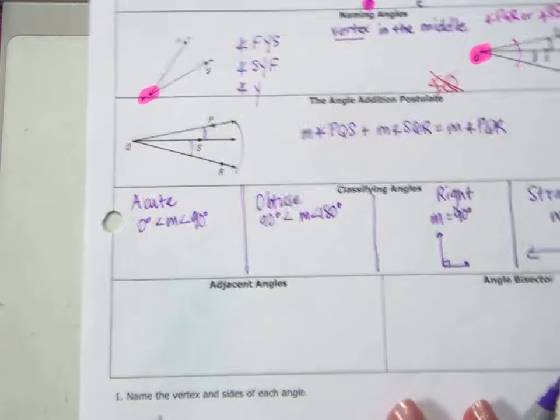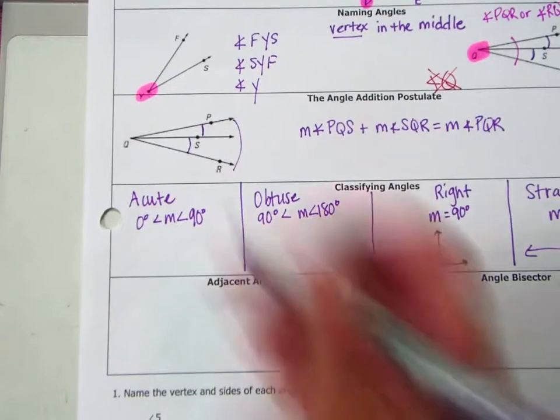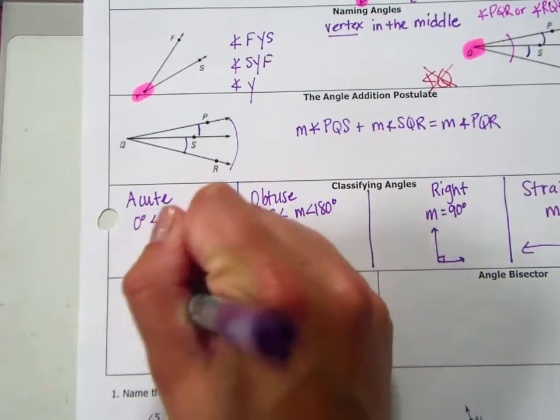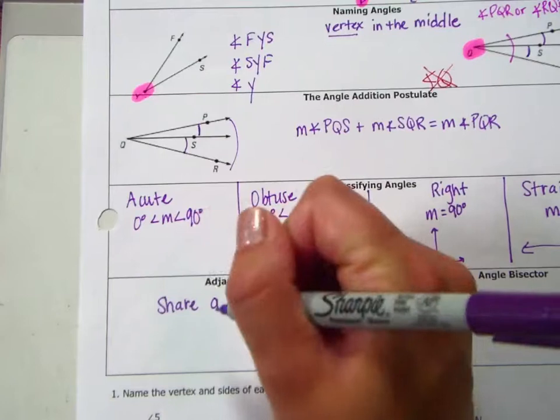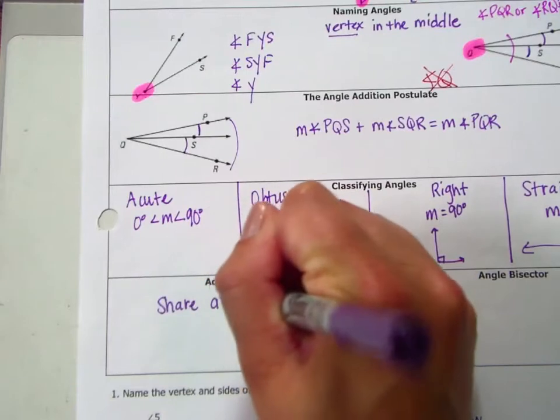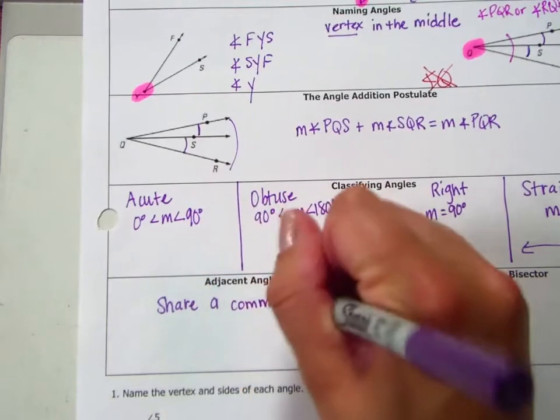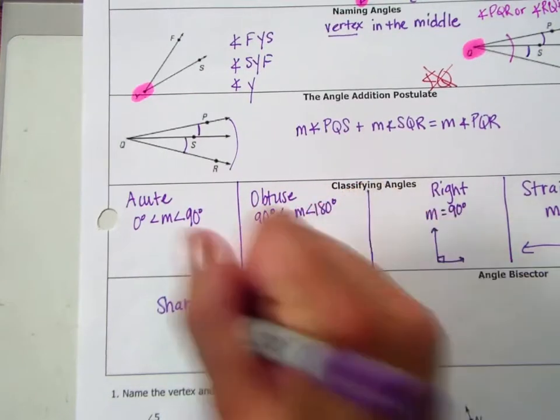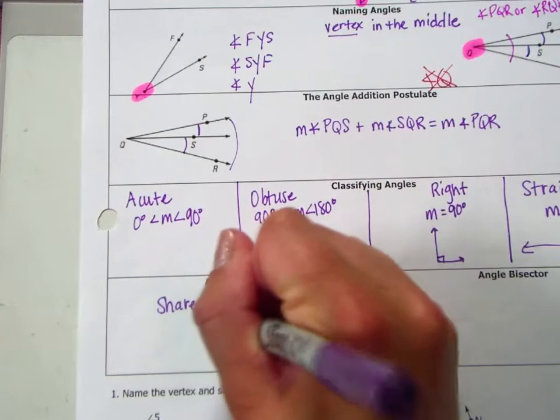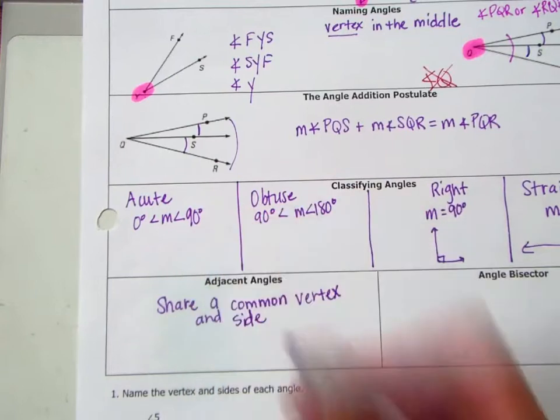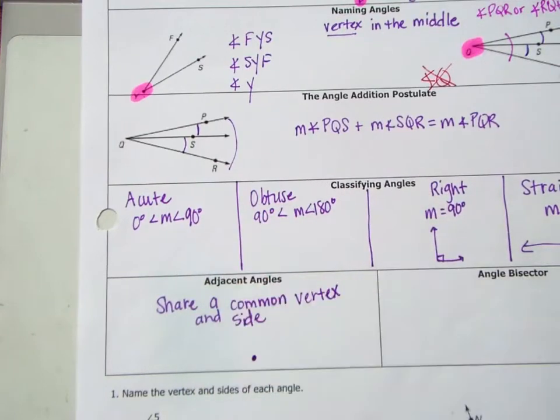All right, let's talk about adjacent angles. These are angles that share a common vertex and a common side. So let's start with our common vertex.